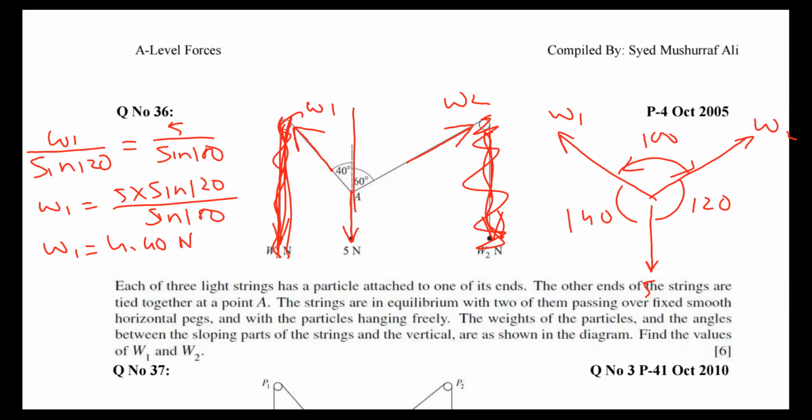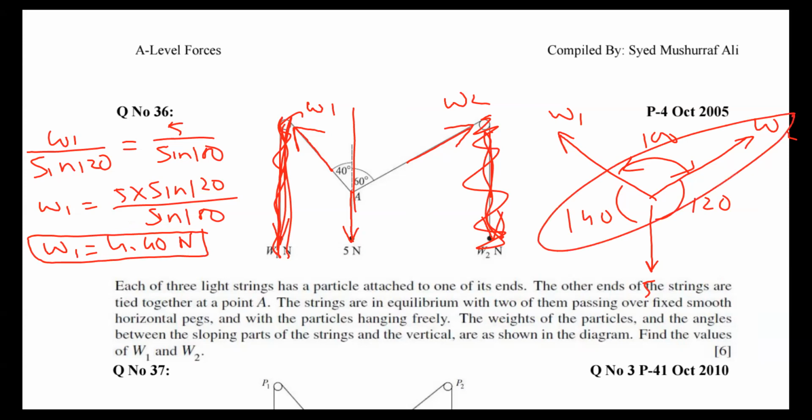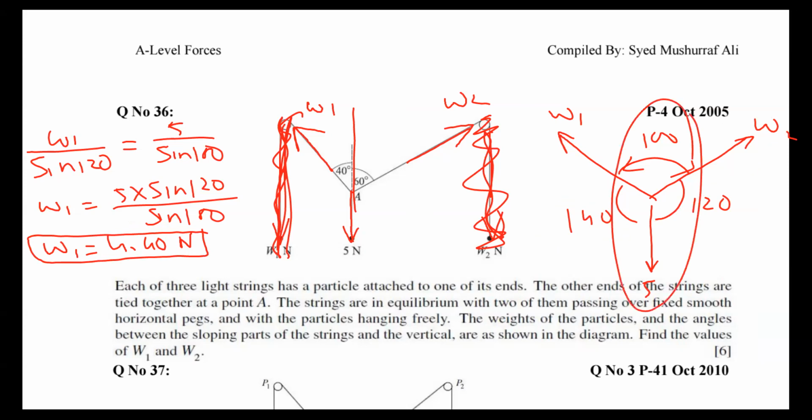In a similar manner, my children, I got W1 and now I need W2. This time I'll use Lamy's rule for this component and this component. I have a space issue, so I'm writing on the left-hand side: W2 divided by sine of 140 is equal to 5 divided by sine of 100.